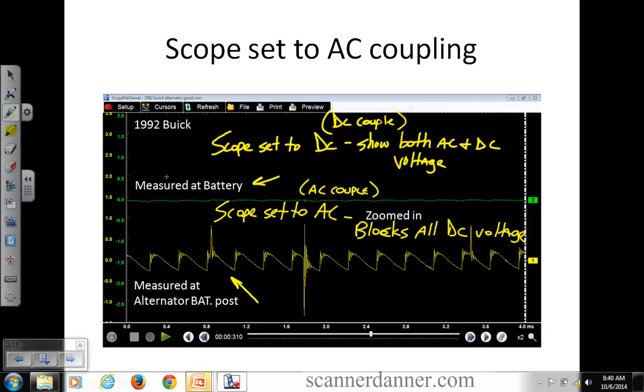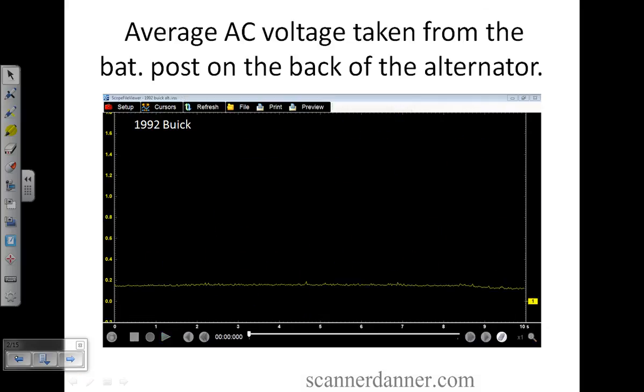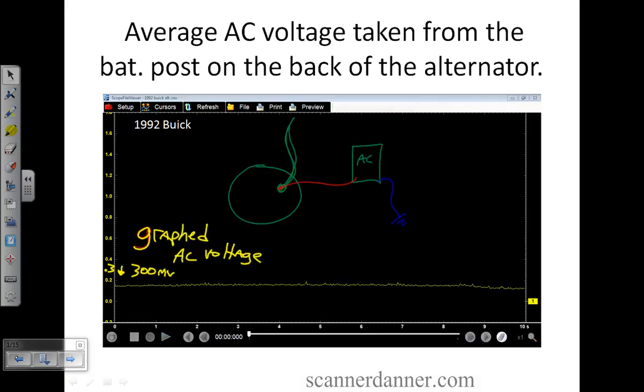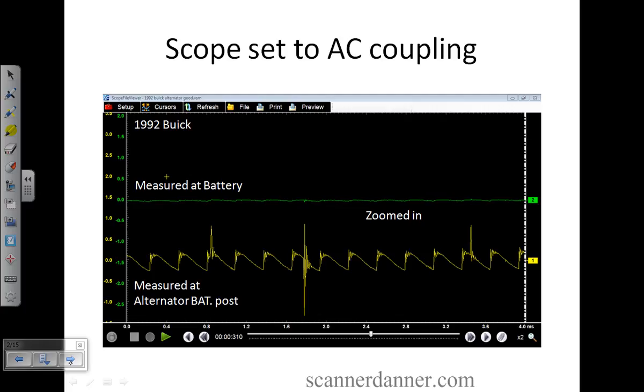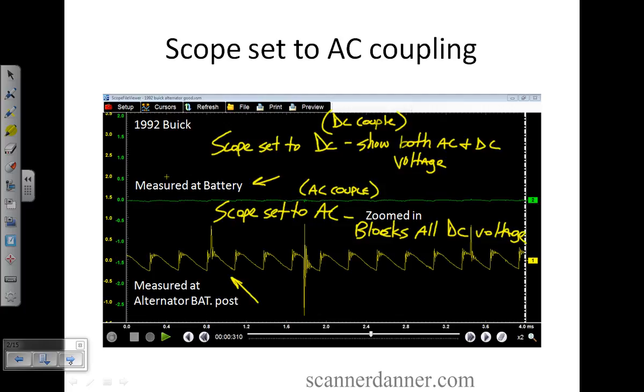Okay? We need to know how to do this for other stuff too. Any changing voltage will be seen on an AC coupled scope, but any steady voltage will be blocked. And over here, graph, that's a graphed version of this, the same yellow trace here.